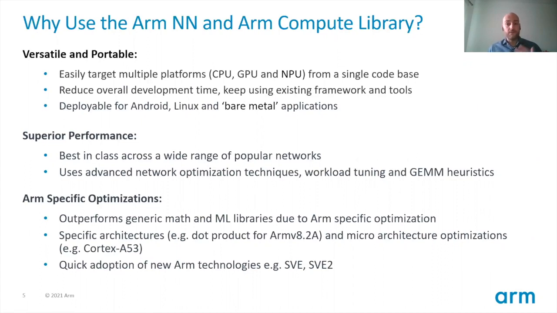It means that even if your compiler, for instance, doesn't support the dot product instruction, the ArmCompute library is still able to call the optimized routine with the dot product instruction, because most of the routines are written in assembly. So if we have a new feature coming which is not supported by the compiler, the compute library will still be able to exploit it because we have the assembly routines written.